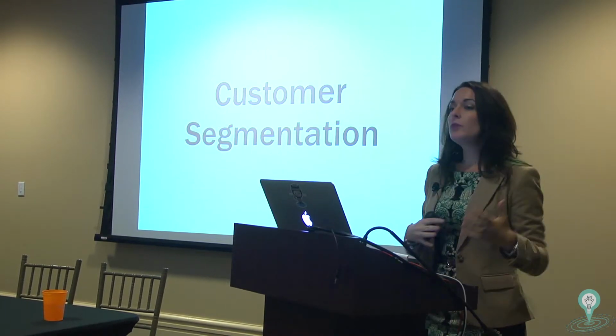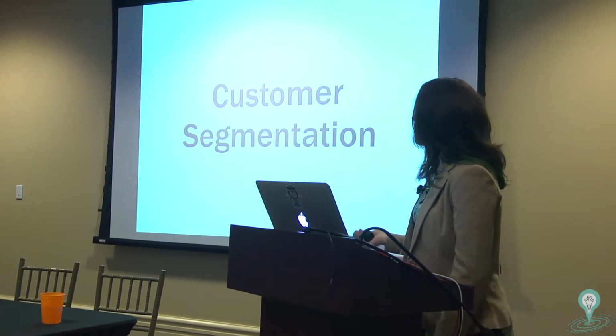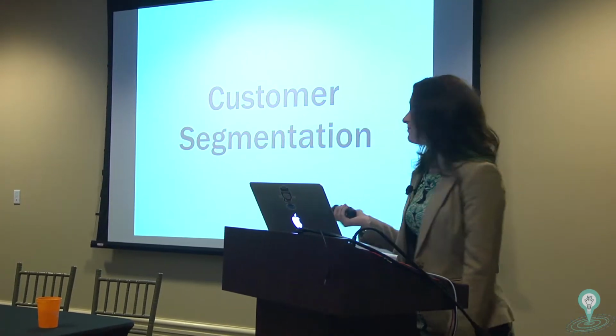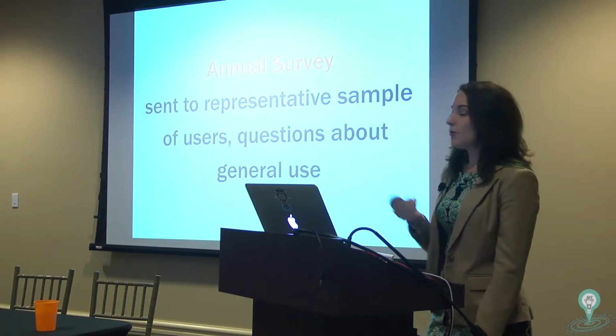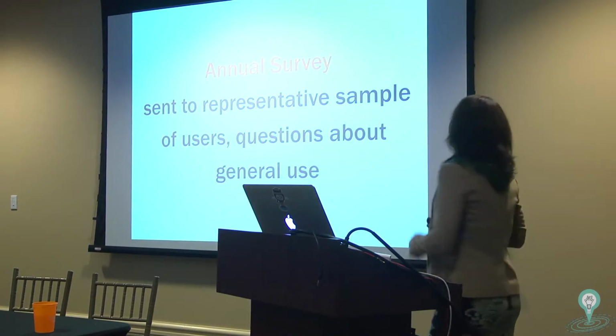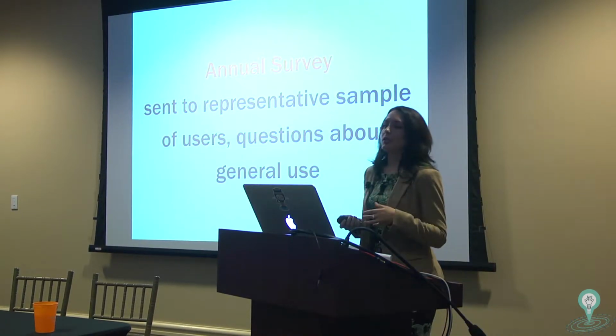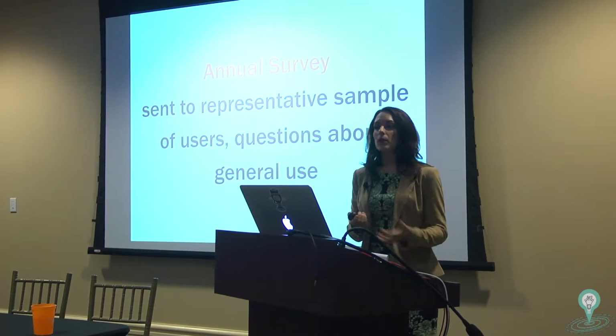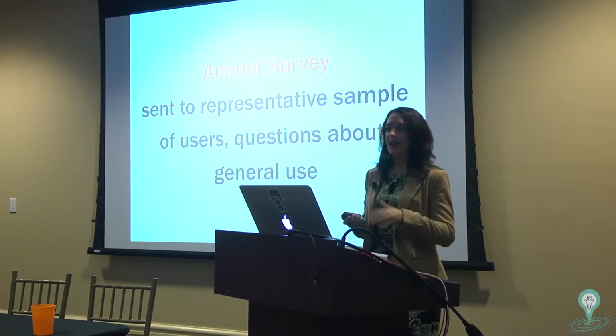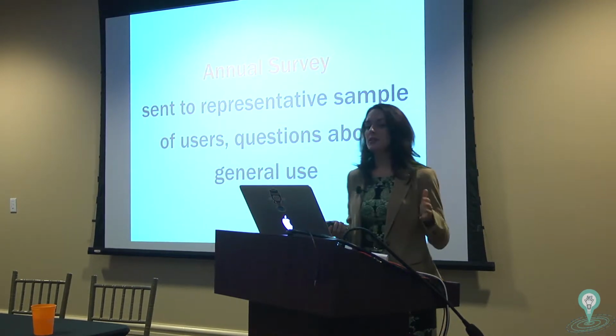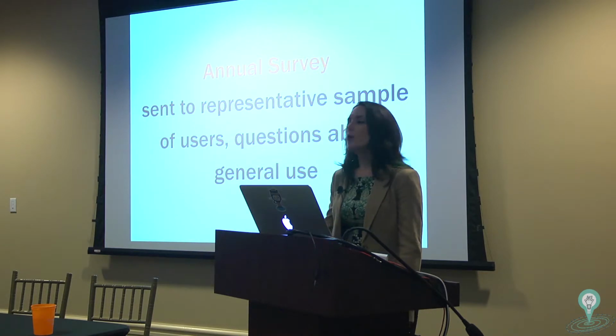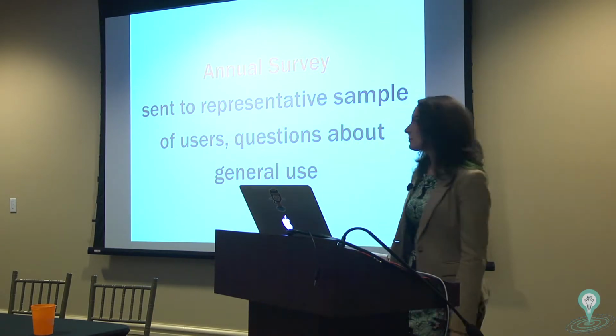But that said, where did we get the data to do this? We turned to surveys. A couple of the ones that we used: an annual survey. This is a survey we send out every year. It goes to a representative sample of MailChimp customers, free, paid, all across the world, across industries. It's just general questions about how people use MailChimp.